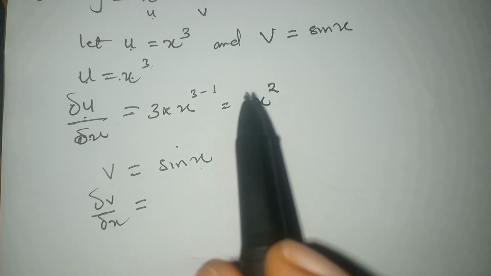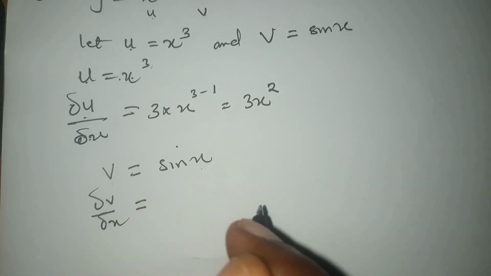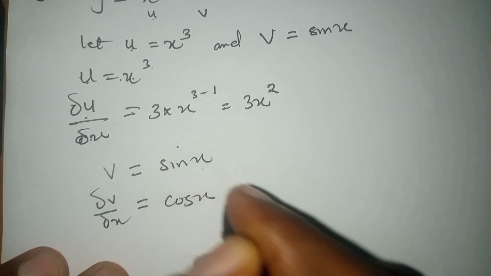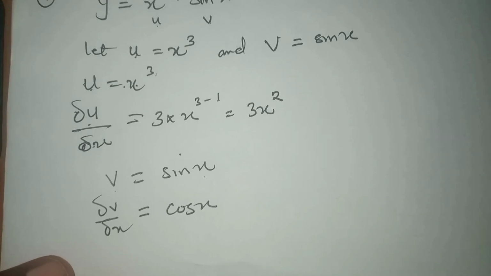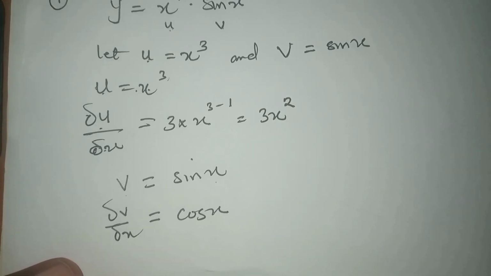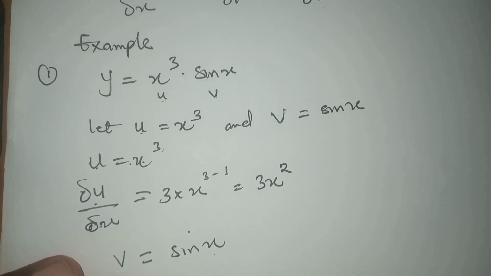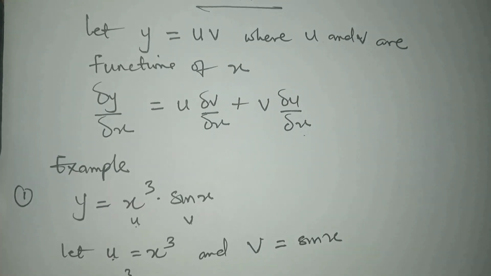Please refer to my previous video and see the derivative of sine x. The derivative of sine x is cos x. Now that we know u, dv/dx, du/dx, and v, let us take this all together.